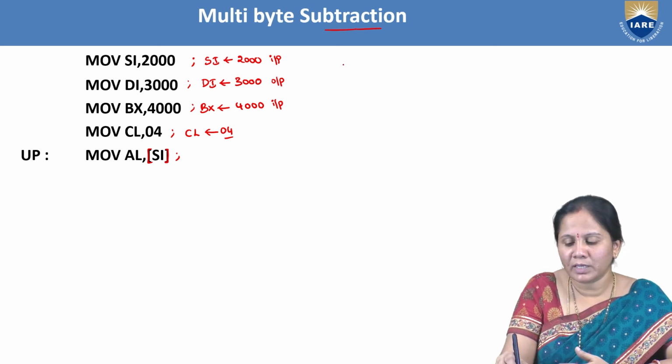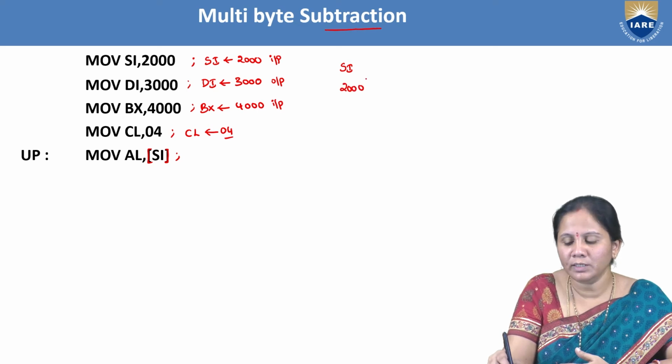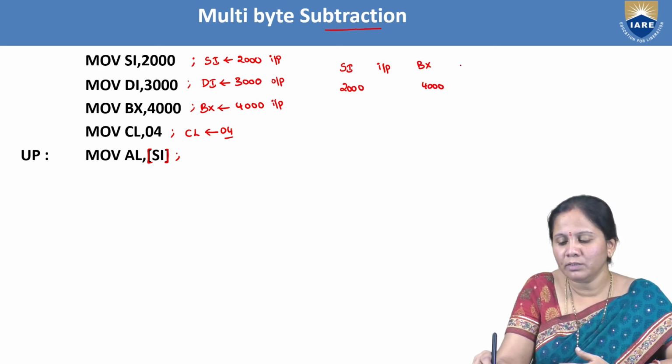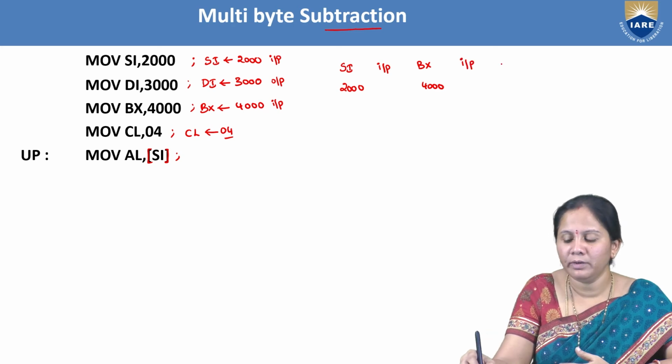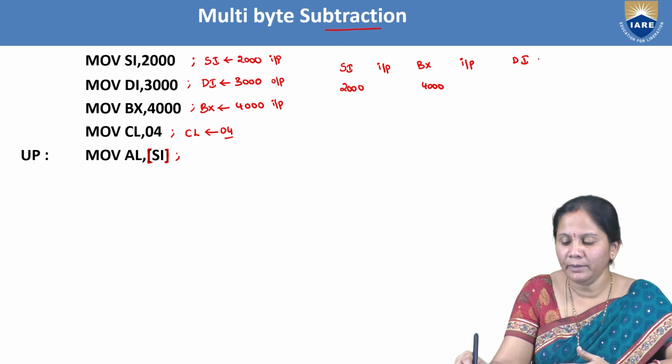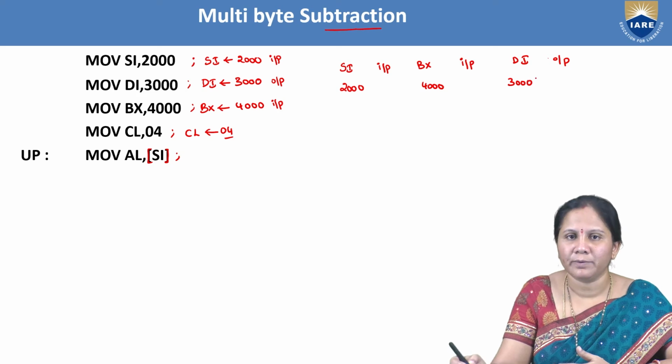So let us take an example. So this is the SI and it is initialized with the memory location 2000 and you can take some data in this, and the next input is BX. So BX is initialized with 4000 where you can take another input, and the last register to see the output is DI where you can see the output. So let us consider here DI is 3000.